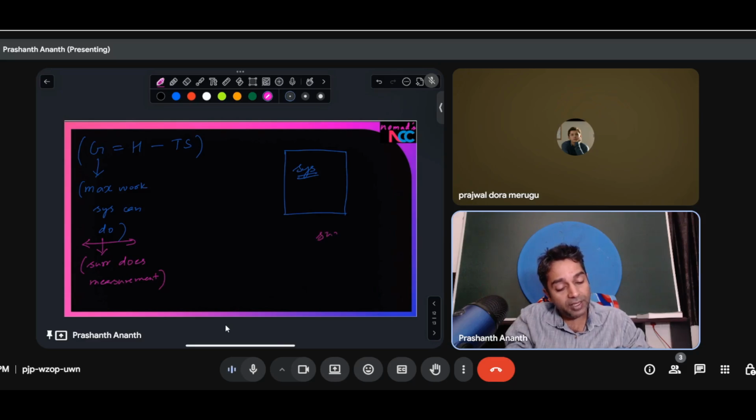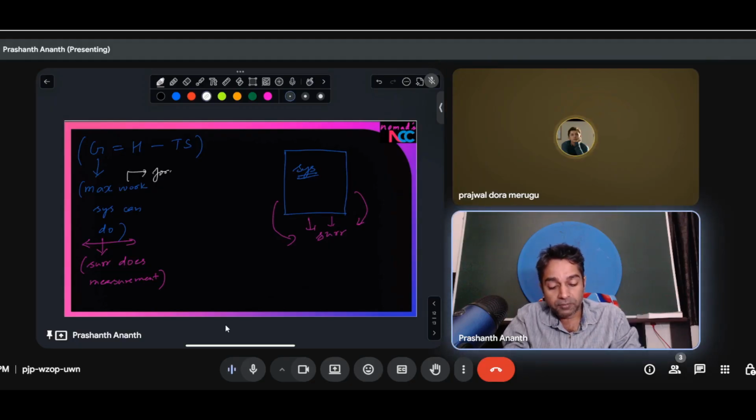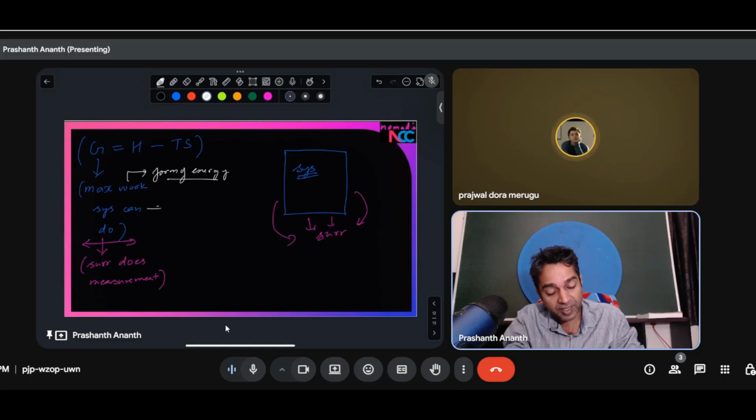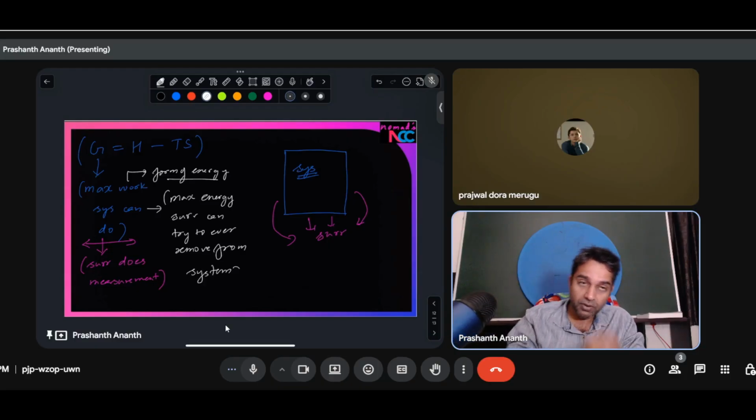The surroundings is now trying to extract energy from the system, because work done is technically a form of energy. Correct? Yes, sir. So maximum work means it is a form of energy. So what does this actual statement really represent? This represents maximum energy surroundings can try to ever remove from system. Fair enough?